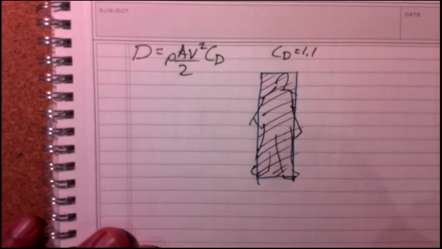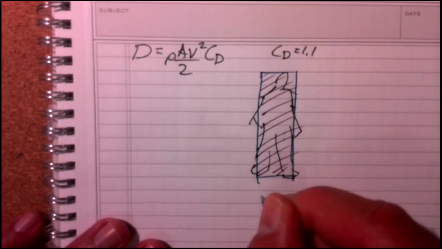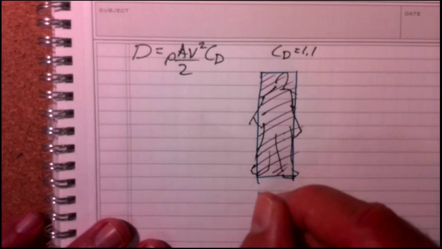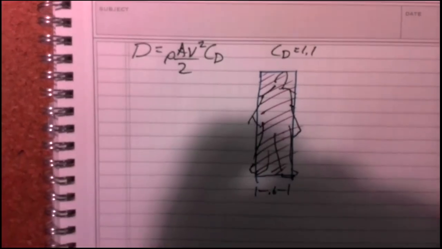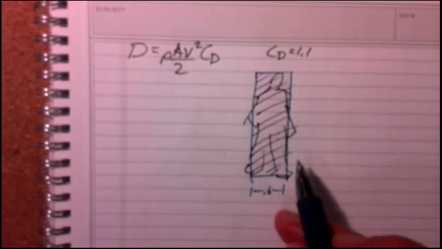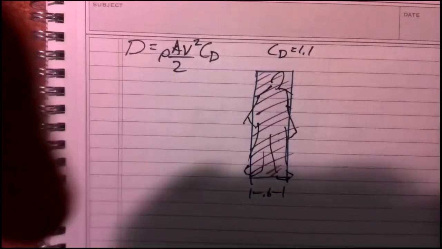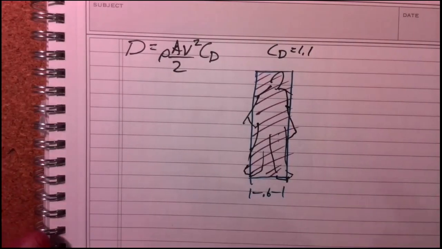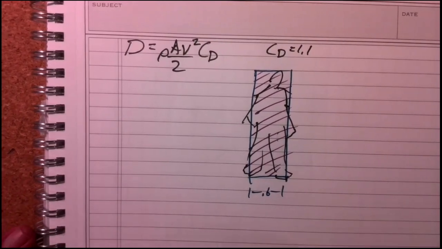So just from shoulder to shoulder, we'll say this is probably 0.6 meters. Remember, I don't really have all the information, so we're just going to make educated guesses and put in those numbers.